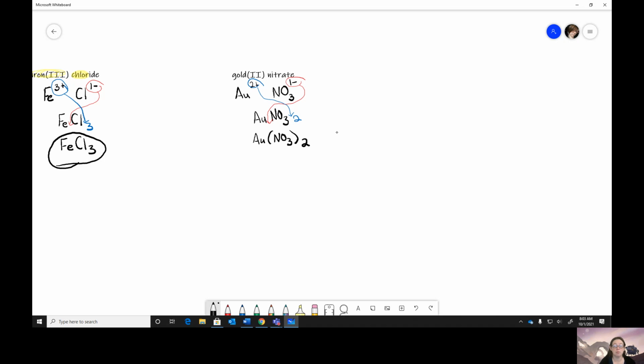Because if you write this without the parentheses, it looks like this. And you cannot tell that that 2 means 2 units of NO3. It looks like it means 32 oxygens, which is impossible. There's not enough bonds in the world for that. So we put the parentheses in just to be clear.